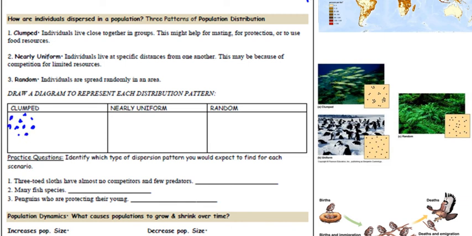That's clumped. Nearly uniform is where they are spaced out in particular intervals, forming pretty much an equal pattern. And then random is simply no pattern whatsoever.